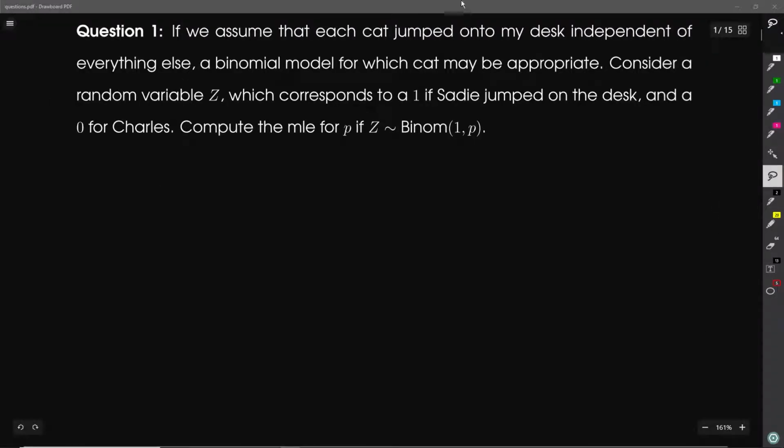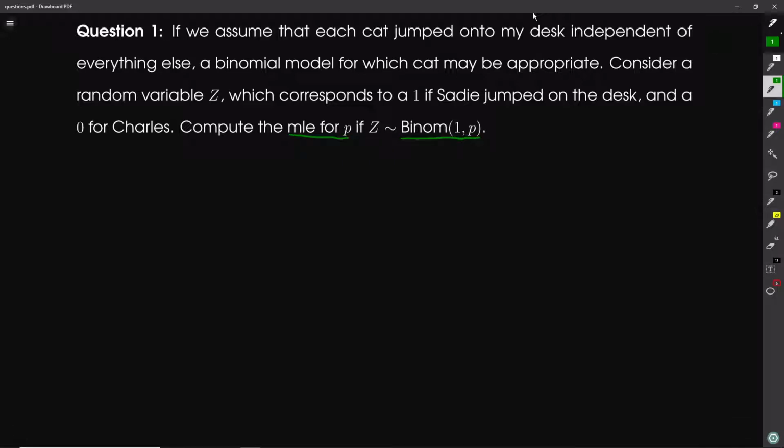Okay, so question 1 here is asking us to find the MLE for this parameter p, which we're saying comes from a binomial(1, p) variable. Now, this parameter is going to represent the parameter associated with a random variable Z, and the random variable Z will correspond to a 1 if Sadie jumped onto the desk and a 0 if Charles jumped onto the desk.